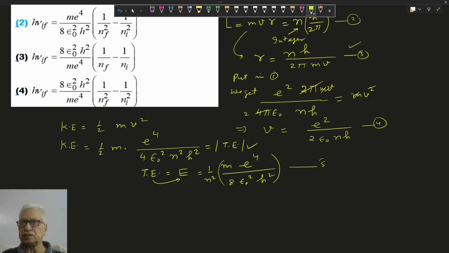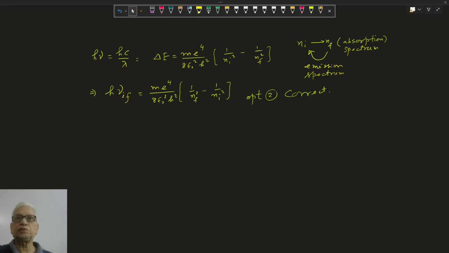Say equation 5. And the energy transition from initial state to final state or the reverse. If from a lower orbit to a higher orbit, it is an absorption spectrum; higher to lower, it is an emission spectrum. So we know h nu equals h c by lambda, the energy m e to the power 4 by 8 epsilon naught square h square times 1 upon n i square minus 1 by n f square.